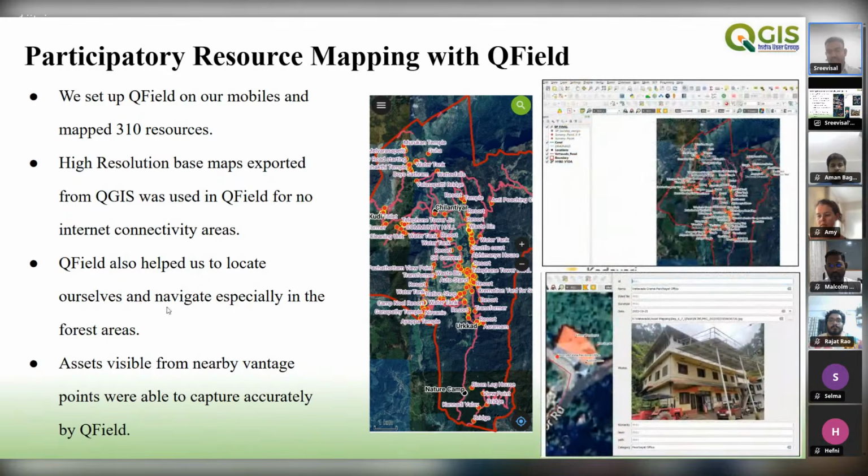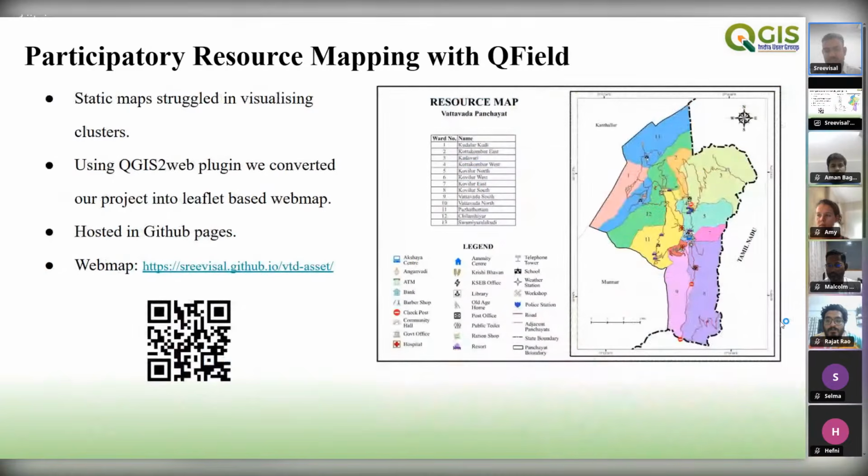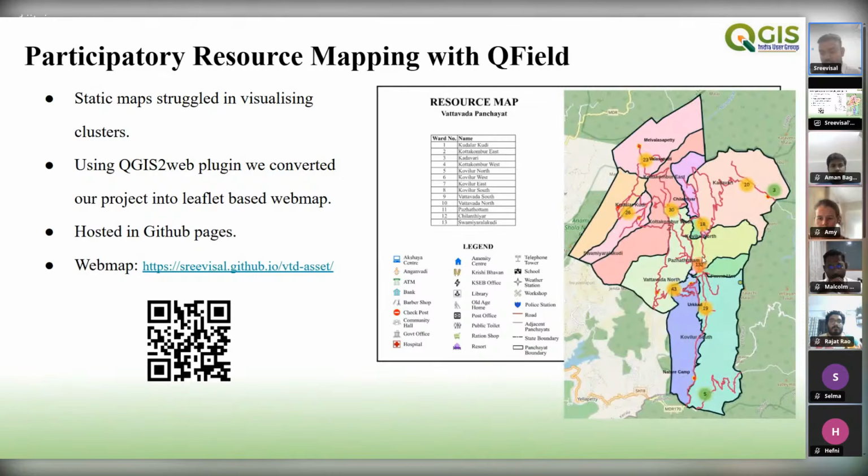And these were the fields: name, ward number, surveyor, date, and a photo of the area was also taken. In the static map we made, we can see that most of the resources were very concentrated in a few places. As you can see, here 132 resources were concentrated in this region.